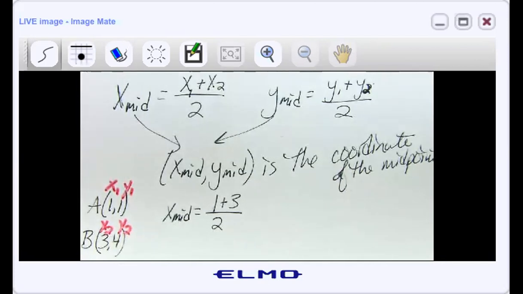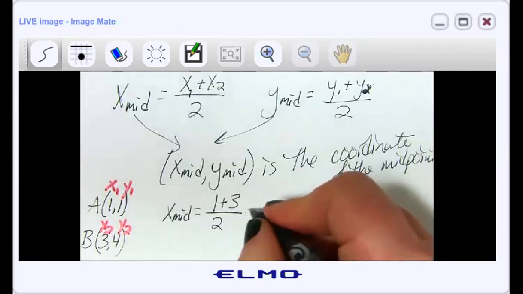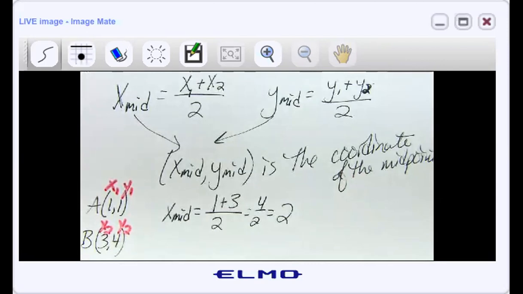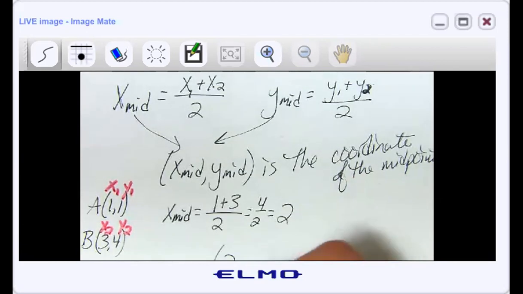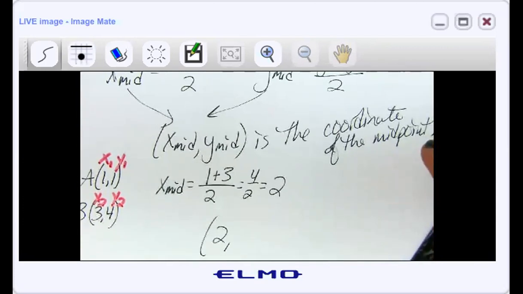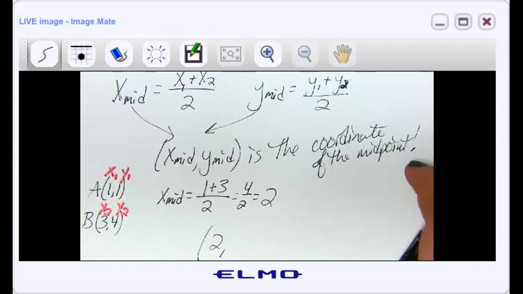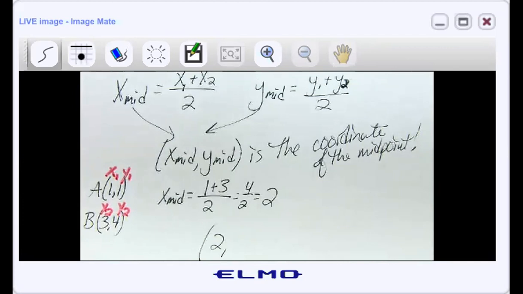Now it's just up to me to do the math, and this math is really easy. 1 plus 3 is 4, and 4 divided by 2 is 2. So I have the x-coordinate of my midpoint. It's going to be at 2 comma something. I don't know what the something is yet, but I have half of my answer already. Now I just do the exact same thing for the y's, and I'll be done.